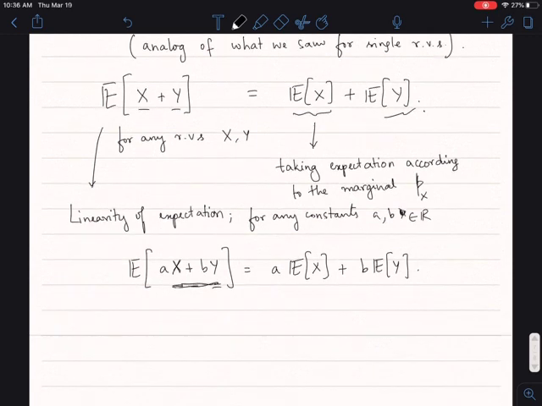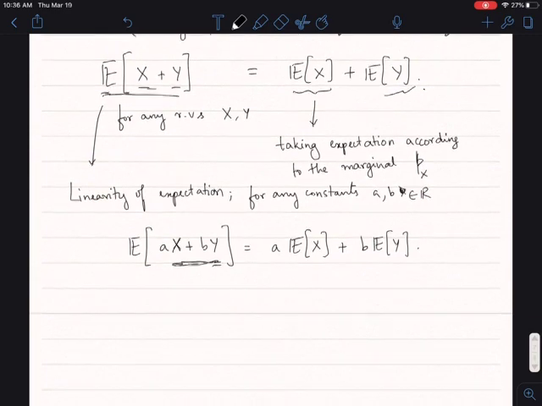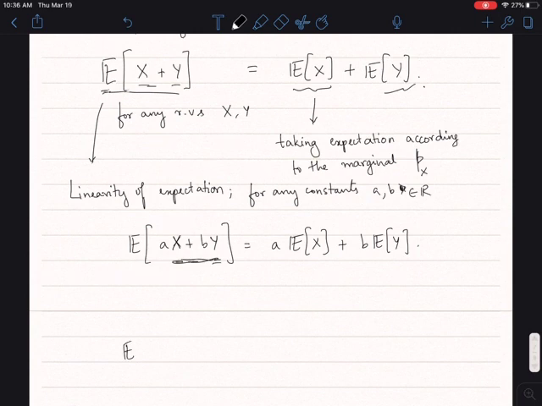Now you might ask, does an expression like this, where the expected value of the sum is the sum of expectations, hold for other functions? So for instance, is it true that the expected value of a product, the expected value of xy, is equal to the expected value of x times the expected value of y?